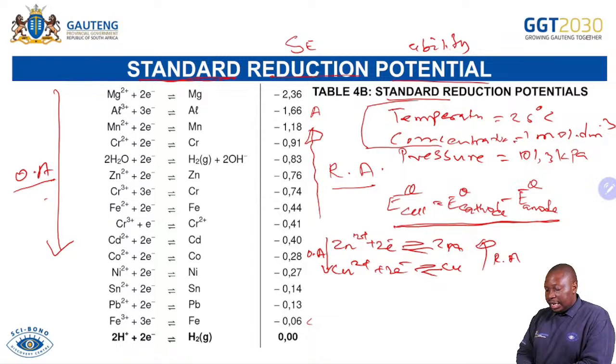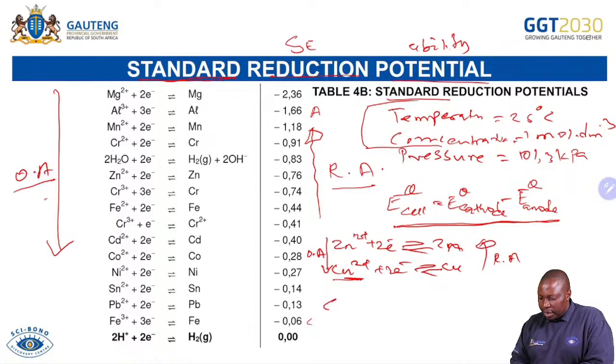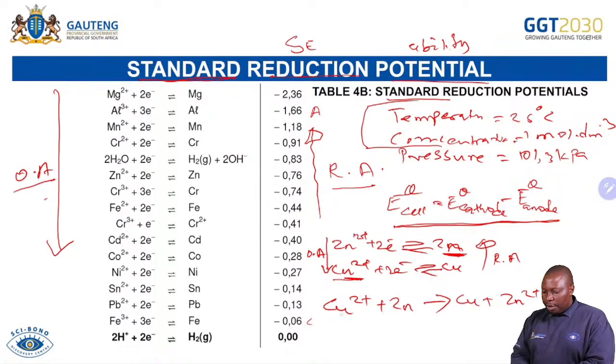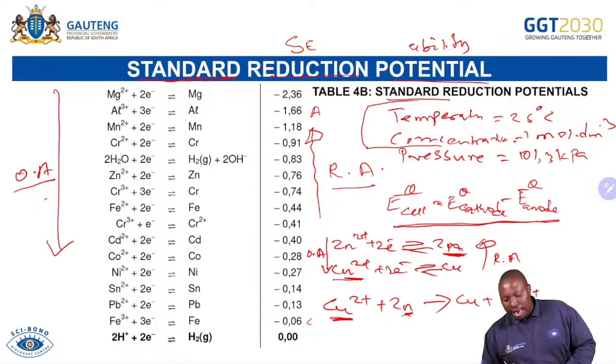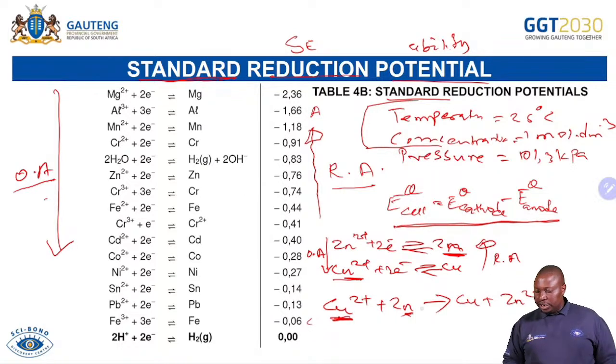So the reaction is between the stronger oxidizing agent, which is Cu2+, in the reactants, and the stronger reducing agent, which is zinc. Those two will form copper and Zn2+. So the reaction is always between a stronger oxidizing agent and a stronger reducing agent.